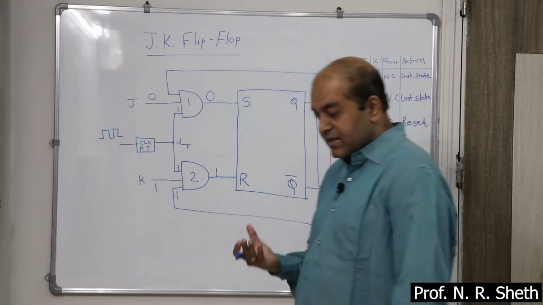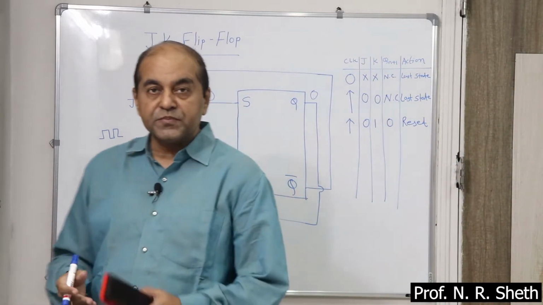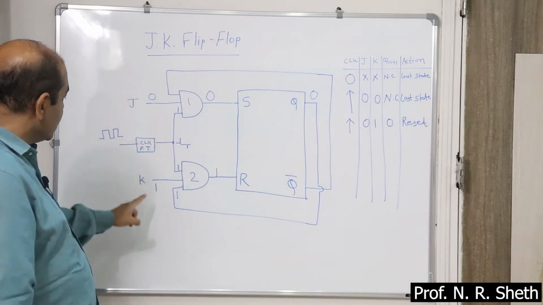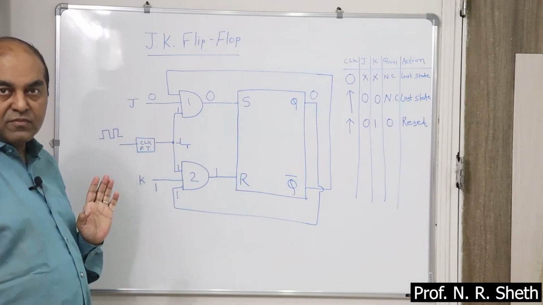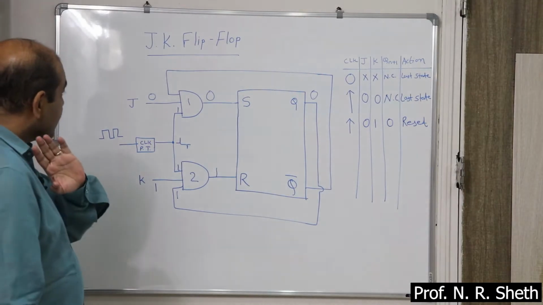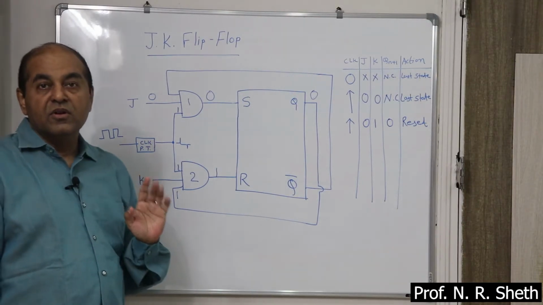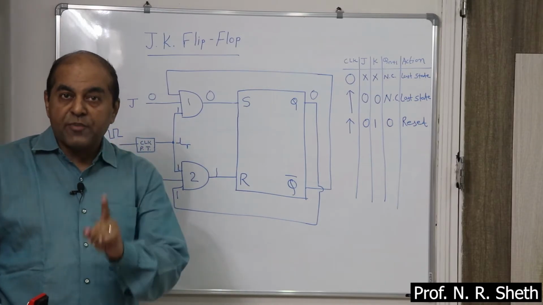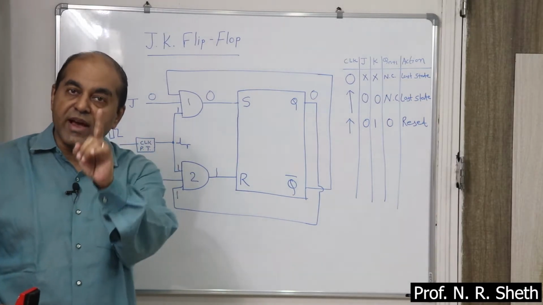So, in the exam, you have to explain it in this way. In JK flip-flop, if J is 0, K is 1, there is no possibility to set the flip-flop. The only possibility is to reset the flip-flop.